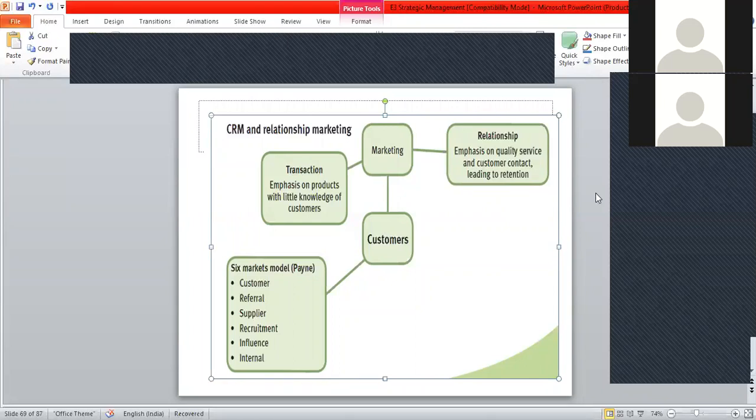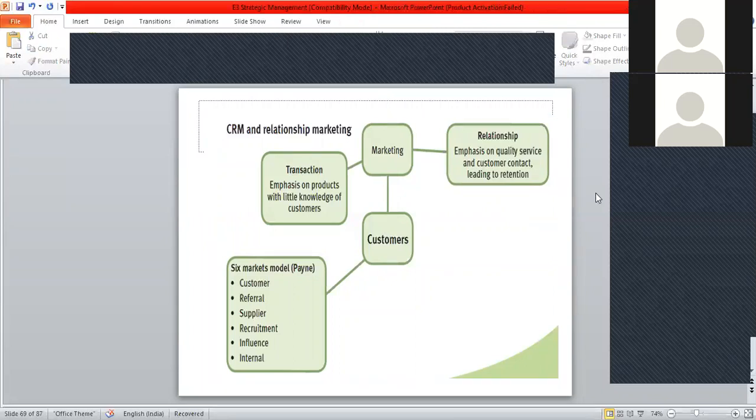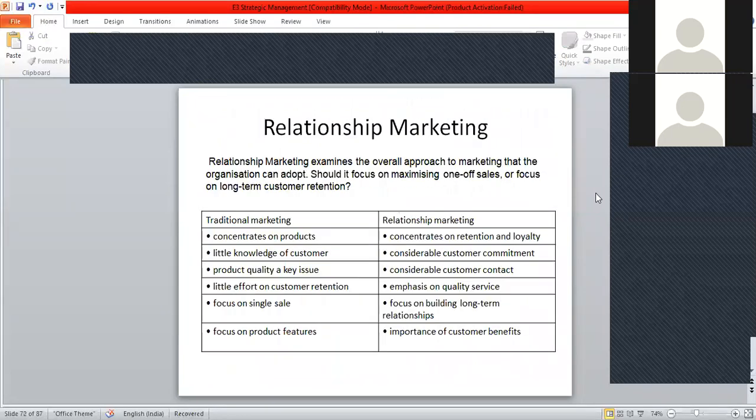There are two different types of marketing: relationship marketing and traditional marketing. Traditional marketing focuses on their products, whereas relationship marketing examines the overall approach to marketing that the organization can adopt. Should it focus on maximizing one-off sales or focus on long-term customer retention?